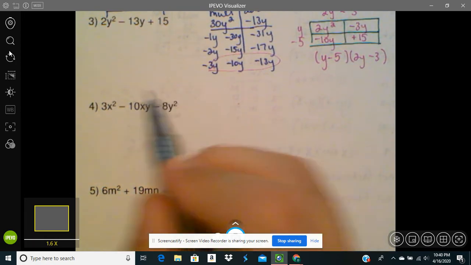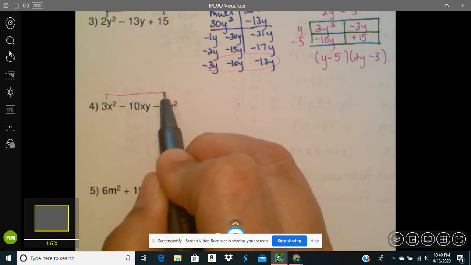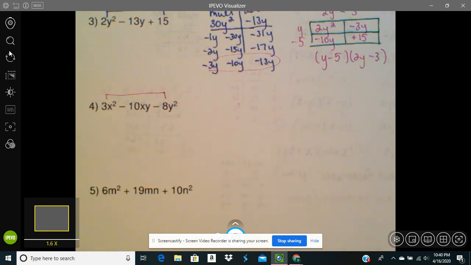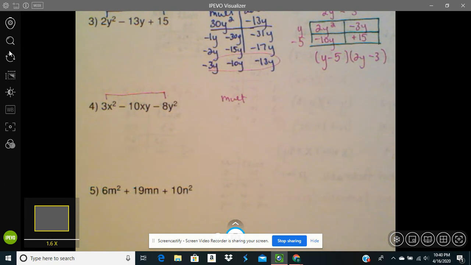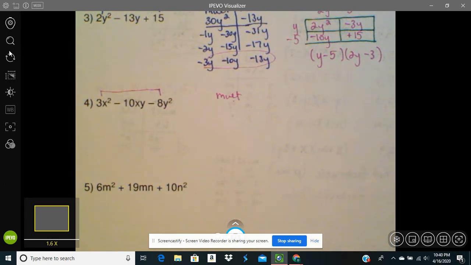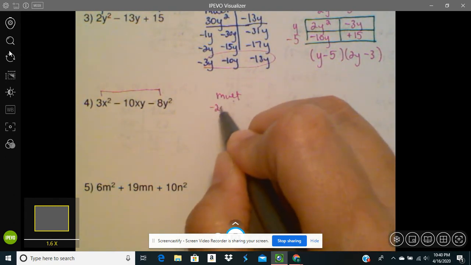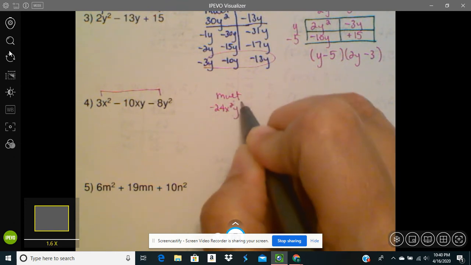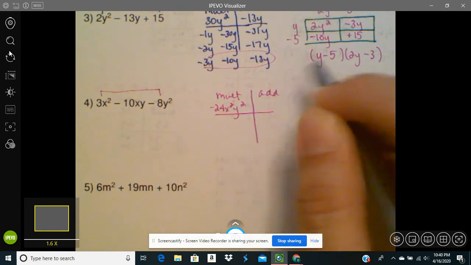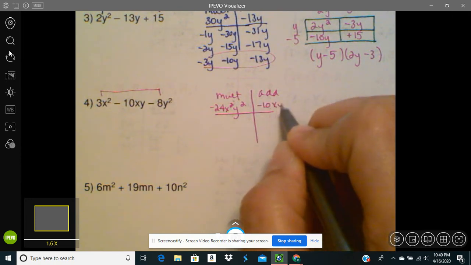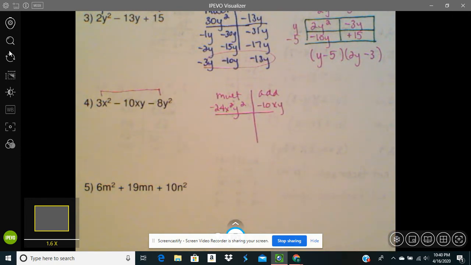Let's multiply 3x squared times negative 8y squared. So we need 2 numbers that multiply to negative 24 x squared y squared. And at the same time, those numbers need to add to negative 10xy. The negative sign here tells me that these numbers have to have opposite signs.